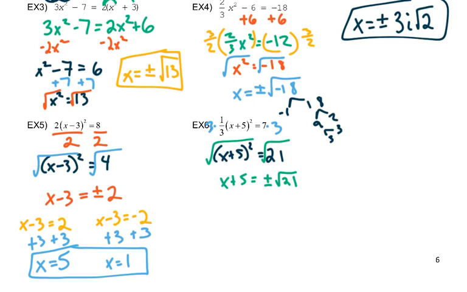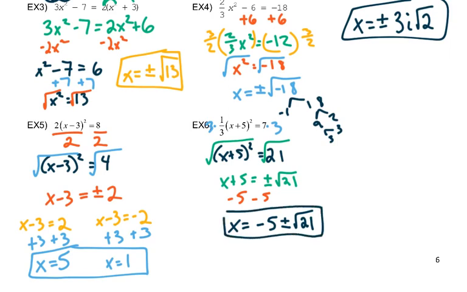Now we have these two different equations. If I subtract 5, and I can't really do anything with the square root of 21, then it's almost like one of our complex numbers, where I would put negative 5 plus or minus square root of 21. That is going to be a totally acceptable answer. It's not pretty, it's not cute, but it is an answer and it is accurate.